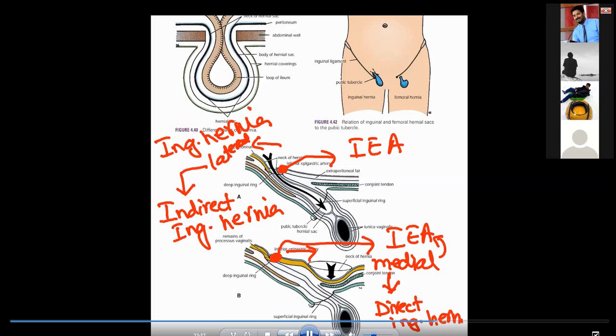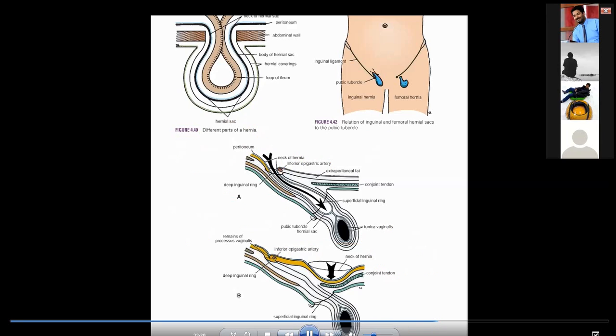Now, see here. I am going to make here a diagram. This is our which ligament? Inguinal ligament. Okay. Now, please remember one important point here.